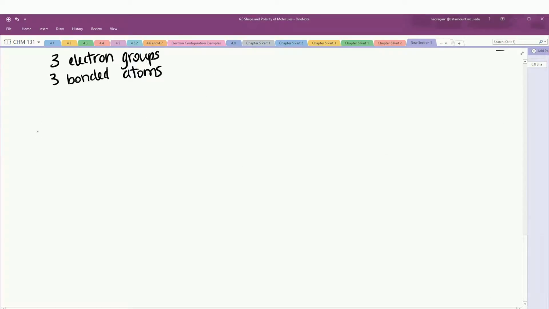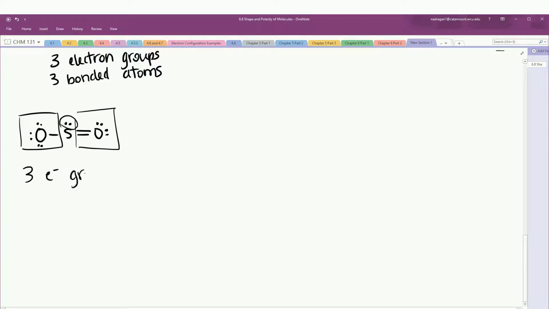Okay, our next example, if we have this molecule, so this is going to be SO2, and here is the Lewis structure for SO2. Okay, so in this case we have 1, 2, 3 electron groups, but we only have 2 bonded atoms because we have 1 lone pair.